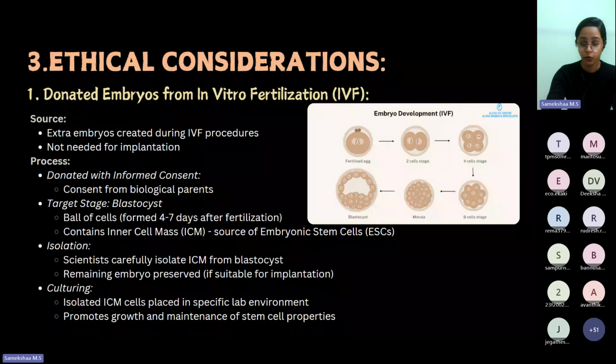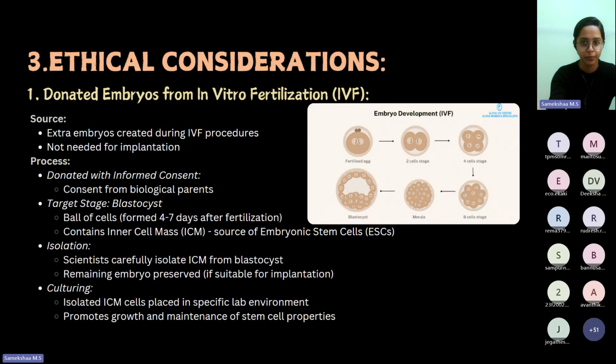Now, the source for the embryo for extracting ESCs is IVF procedures. We use the embryos which are no longer needed for implantation. So, what is the process for it? With the informed consent from the donors, the embryos are donated to research institutions.